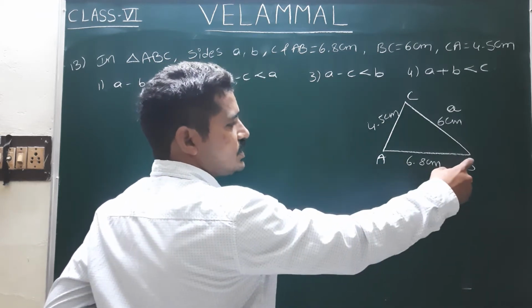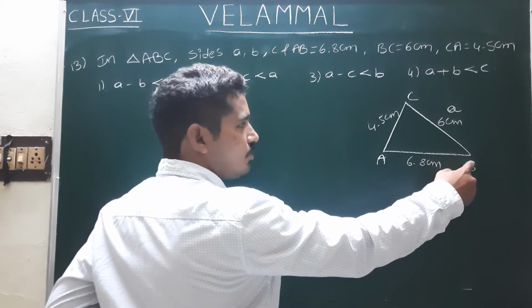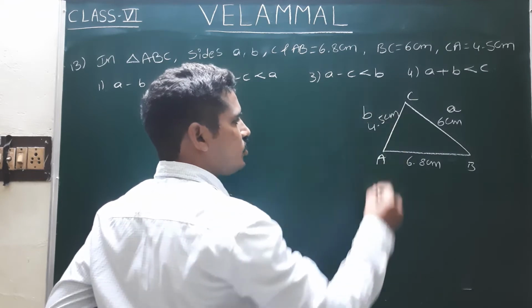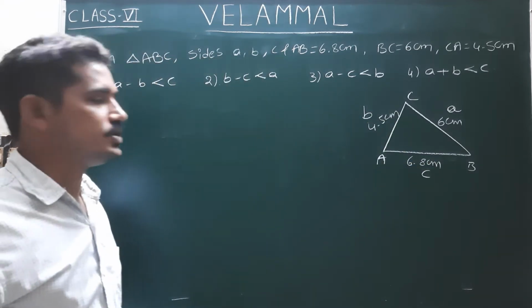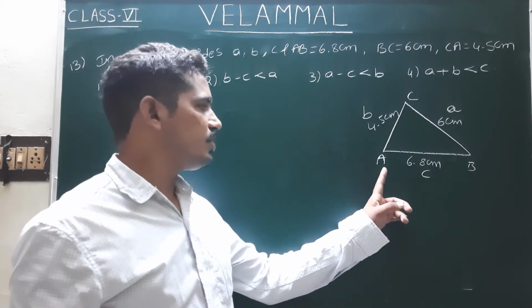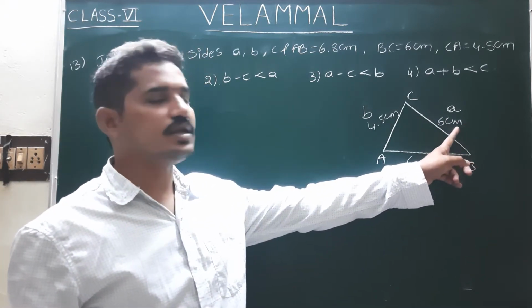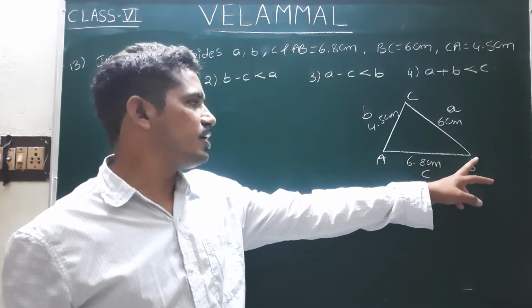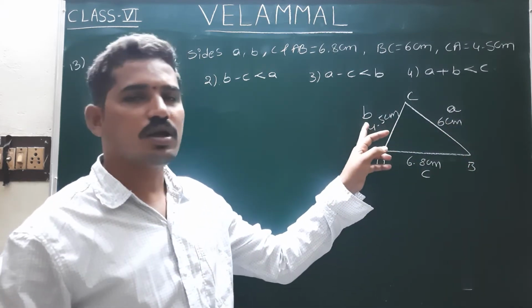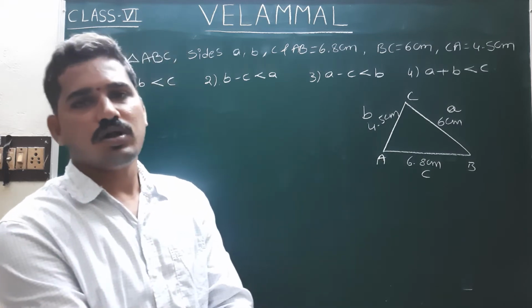The side which is opposite to the vertex capital B we will consider as small b, and this will be small c. Understood? To the vertex A, the opposite side is small a, to the vertex B the opposite side is small b, and this is small c.